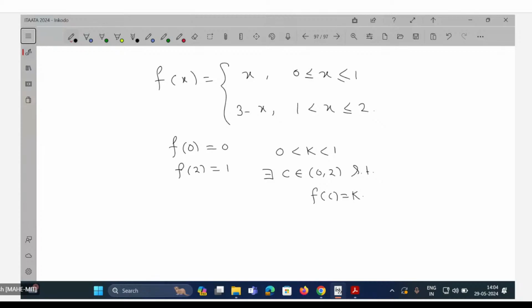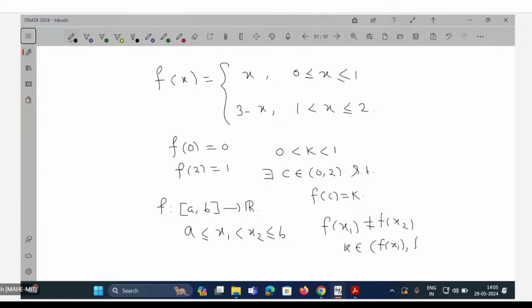We said that if we have a function from [a, b] to R, and we consider any pair of x1, x2 in between a and b, with f of x1 not equal to f of x2, and k is a number in between f of x1 and f of x2, then there always exists an element c in (x1, x2) such that f of c is equal to k.